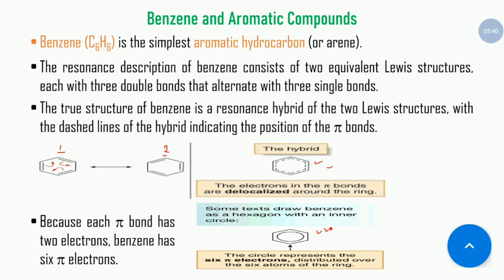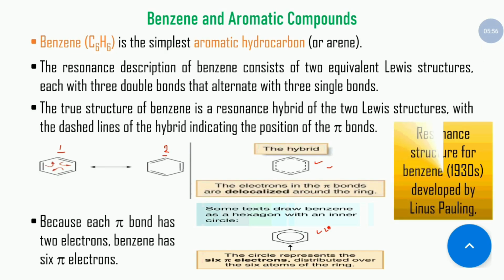But one thing we have to know: who first developed this resonance structure of benzene? Can anyone tell me? It was Linus Pauling, in the 1930s, who developed this resonance structure of benzene.